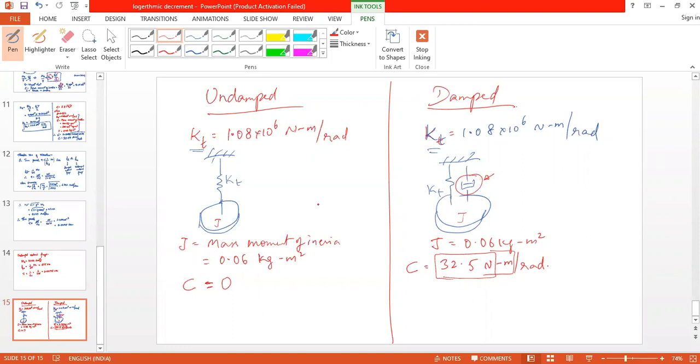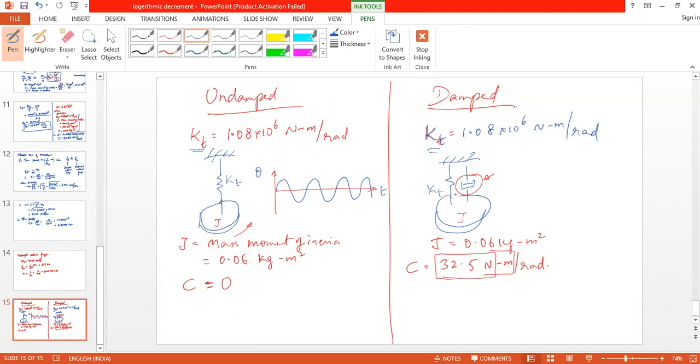So that's why in case of undamped system, if you give initial displacement for the disk, the displacement versus time curve, this is time t and this is theta, will be like this.